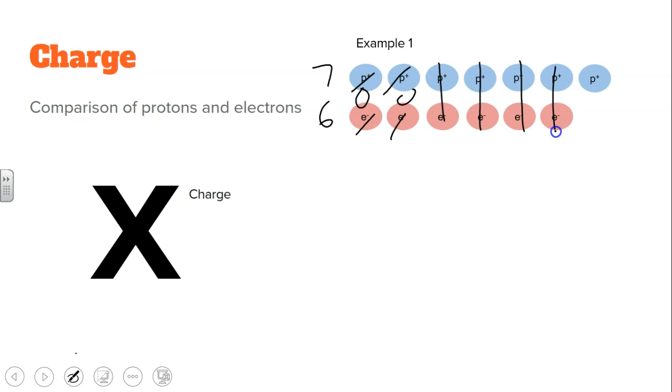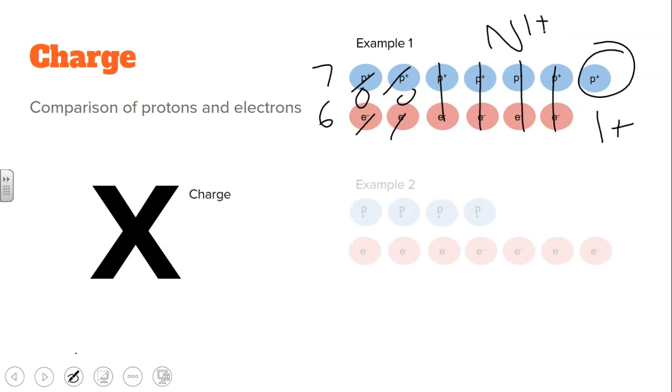And what is left is 1 proton extra, so the charge on this atom would be 1+. We can determine what the element is: the element that has 7 protons is nitrogen, and we write the charge up here as nitrogen 1+.